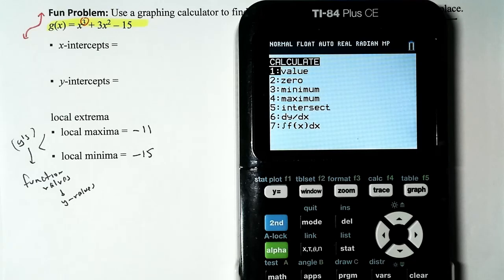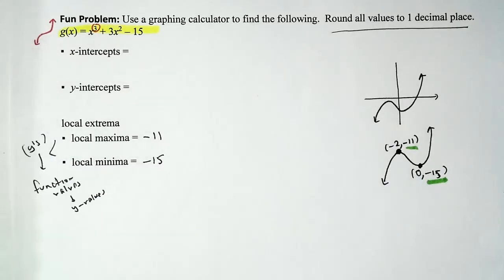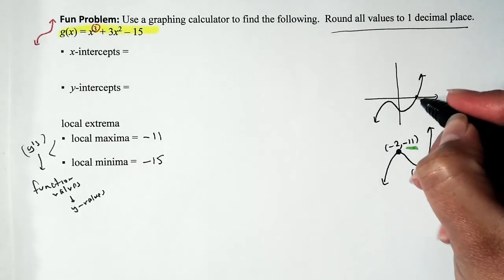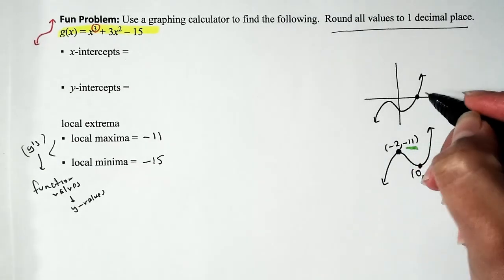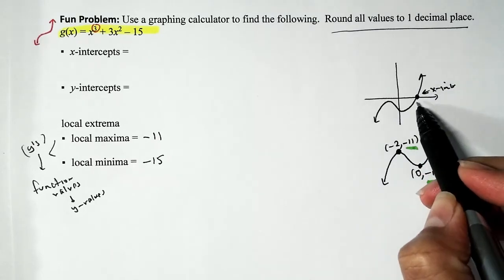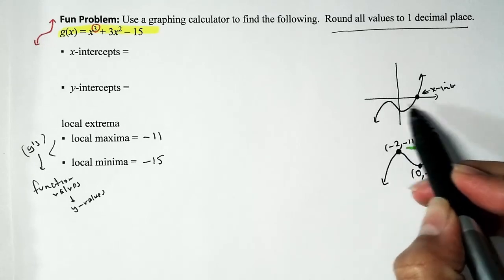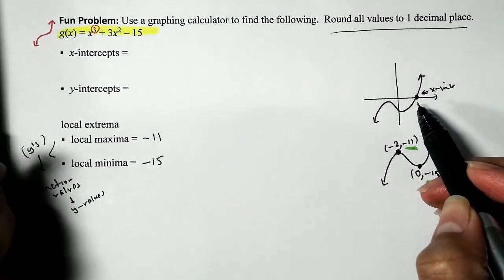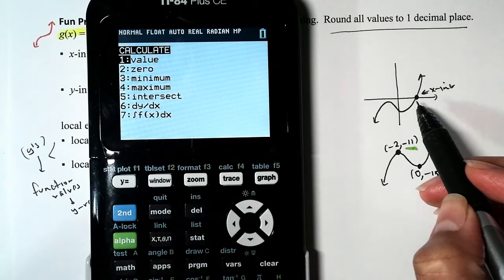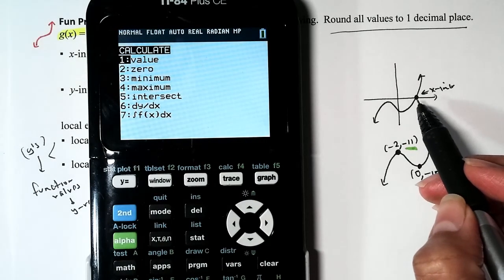What is the x-intercept? It is the point where the graph intercepts the x-axis. So at this point, the value of y is 0. Why? Because for any point on the x-axis, the value of y is 0. So if we think about functions, what's so special about the function value?